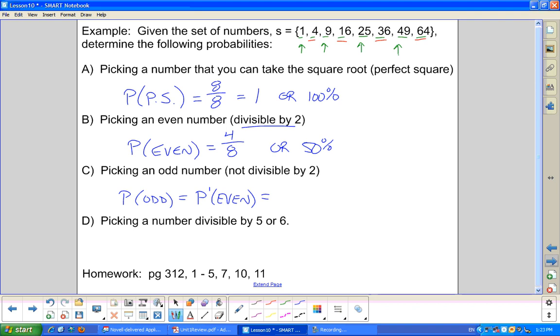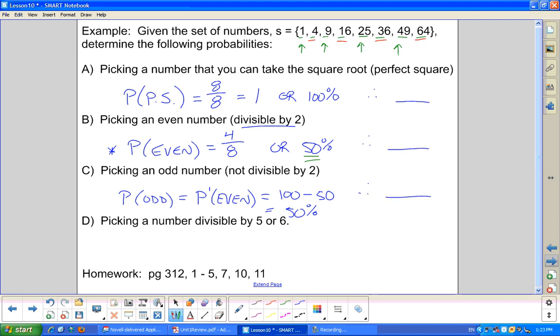We already know up here what even was, and the total always has to be 100%. So if you take the 100% and subtract the 50 we found, you can find it's a 50% chance of getting an odd number. Now for all of these, remember with the word problems, you do need your therefore statements.